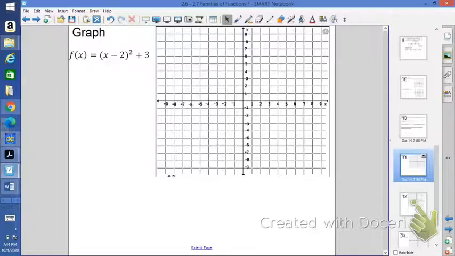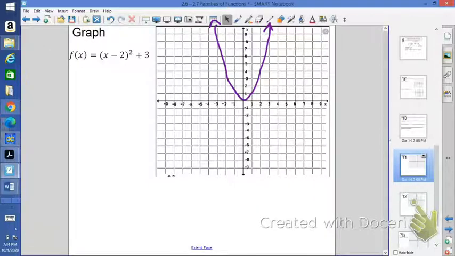Alright, next example, we want to graph f of x equals x minus 2 squared plus 3. So here's the parent function, y equals x squared. It's just a sketch, and really all I'm concerned about is where's the vertex and what is the shape.